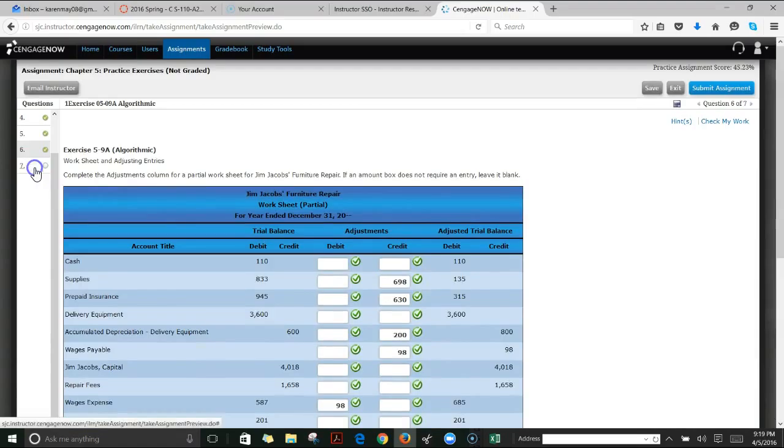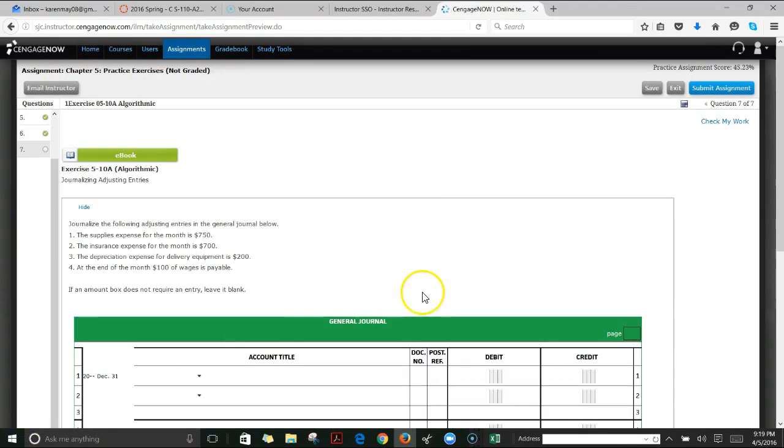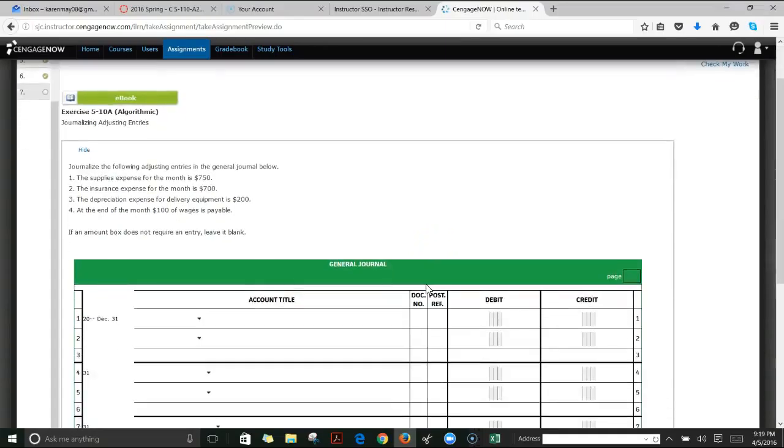Okay, and then one more. This one we're just going to journalize. We don't have to do any calculating. They've already calculated it. They just tell us what the expense is, and so we put the journal entries into our official accounting form. So we choose supplies expense for the first one and a debit amount of $750.